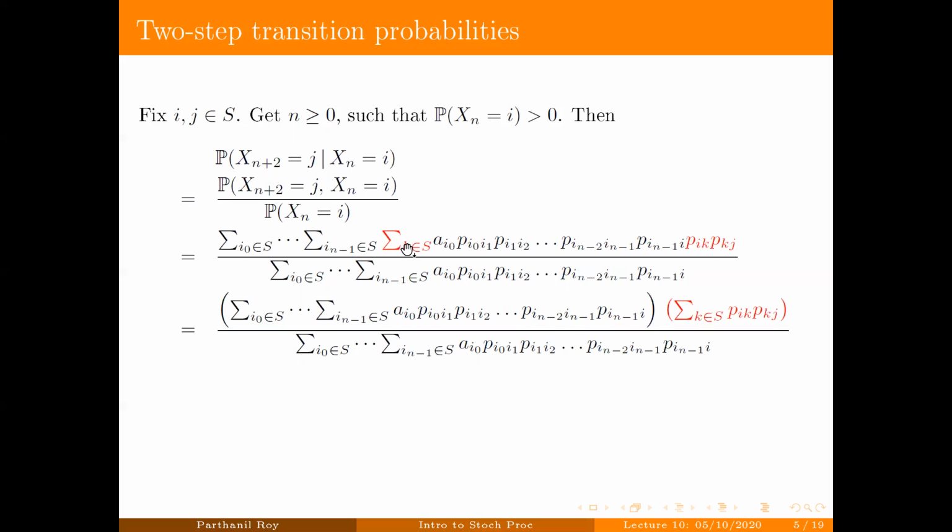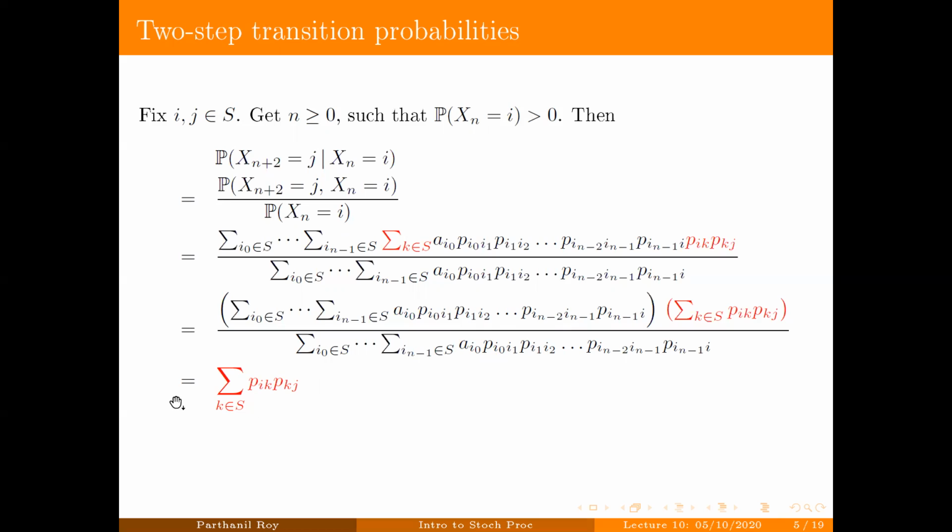I've just used the fact that all these terms have no k in them, so they can come out of this sum. And similarly, this has no i0 up to i(n-1) in it, so that's a separate sum. So this becomes a product of two separate sums. And the advantage is that now the first quantity here is the same as this denominator. And the denominator is positive by our assumption, so it can get cancelled. So this will get cancelled, and only the rest will remain.